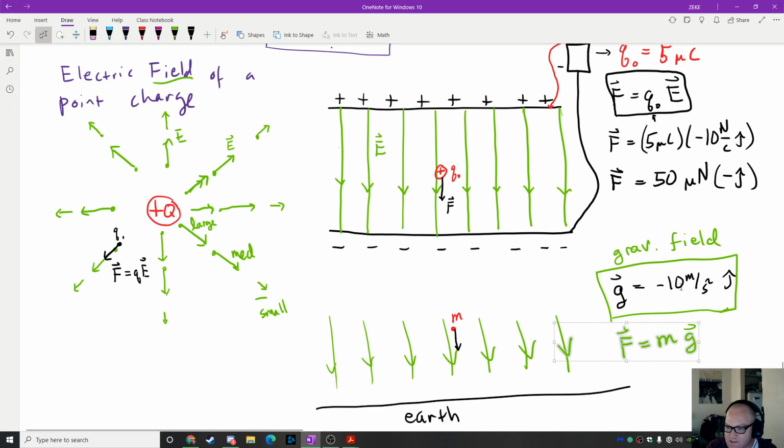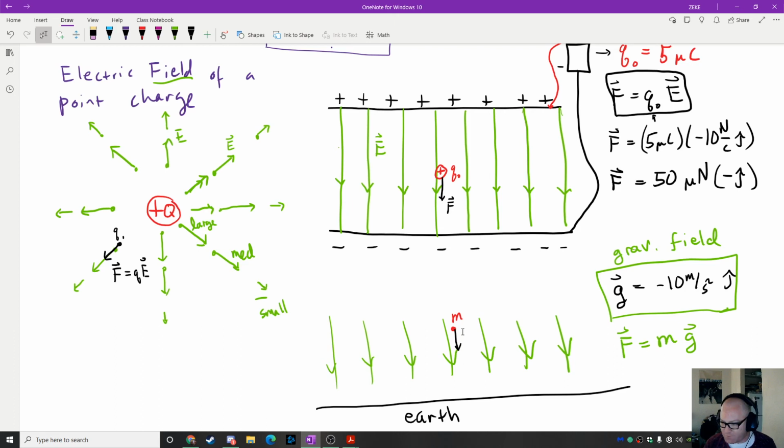Is there anyone that wants to doubt that the Earth has a gravitational field? Even if there was nothing there to ever feel it, it would still be there, right? The mass of the Earth alters the space near the Earth such that it attracts things to it, right? And there's different ways you can talk about that. You can talk about that with forces if you want to, or you can talk about it with fields. It's two different ways to talk about the same thing. But they're not the same thing, right?